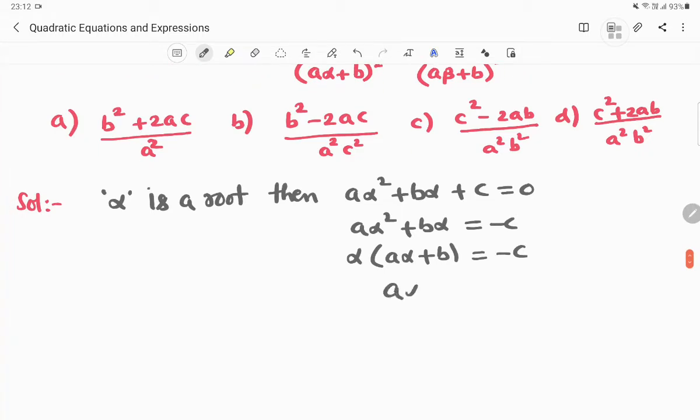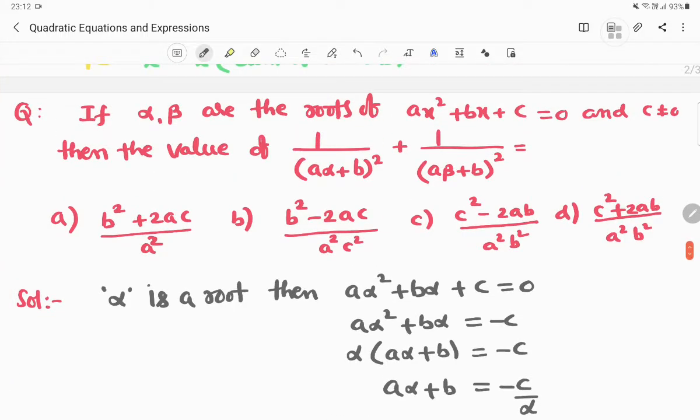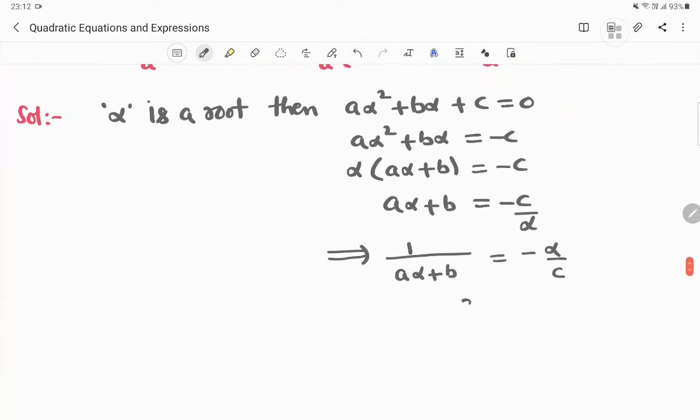So a alpha plus b is equal to minus c by alpha. Take the reciprocal: 1 by (a alpha plus b) is equal to minus alpha by c. Squaring on both sides, 1 by (a alpha plus b) whole square is equal to alpha square by c square.